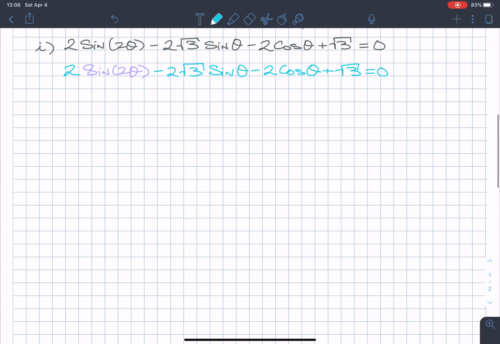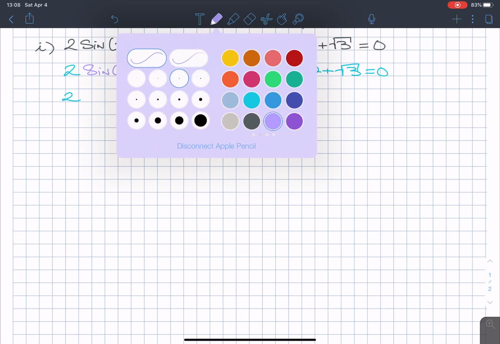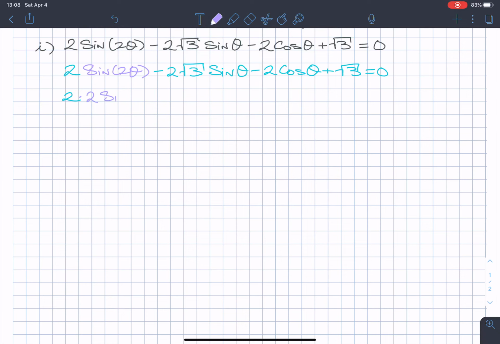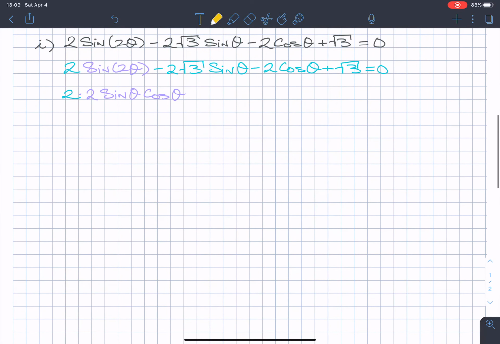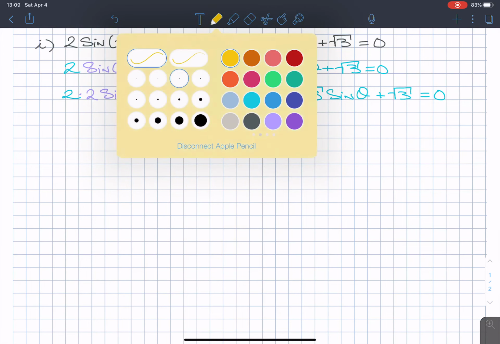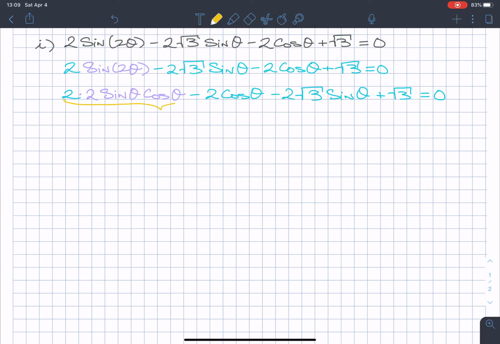So let's rewrite sine of 2 theta as 2 sine theta cosine theta, because that's a double angle formula. And then I'm going to swap the order. I'm going to do minus 2 cosine theta, then minus 2 root 3 sine theta, and then plus root 3 is equal to 0. And the reason I did that is because I can now factor by grouping.